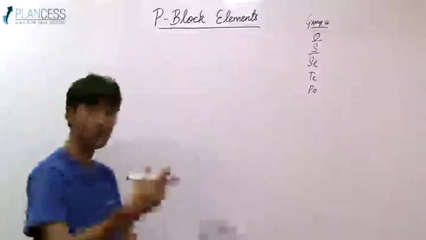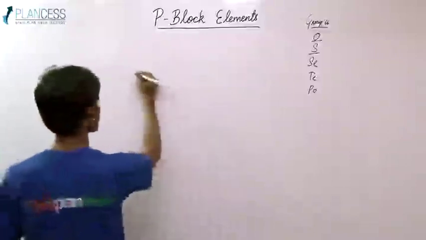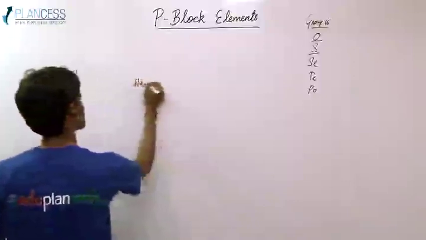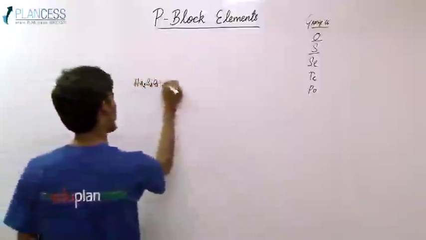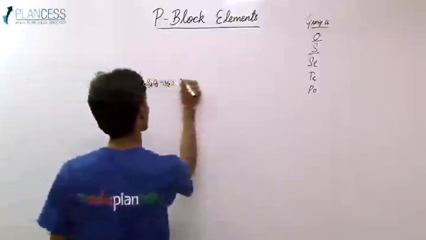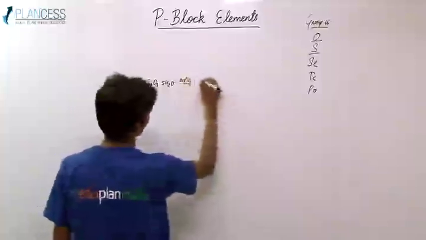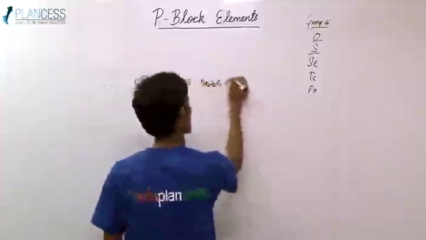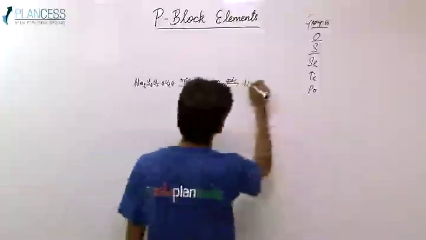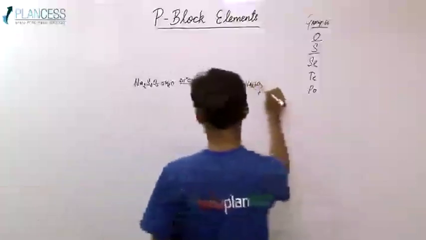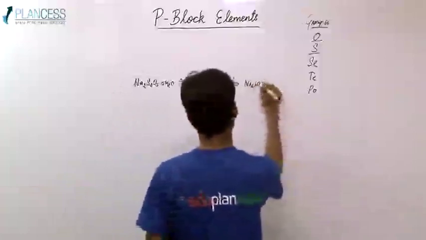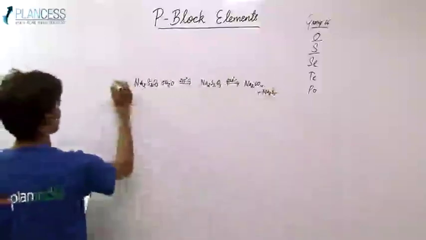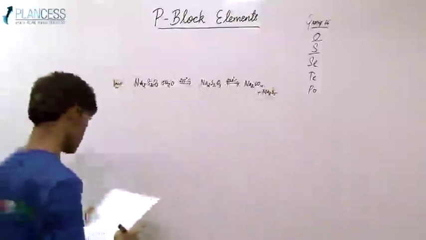When it is heated to 220 degrees centigrade, it decomposes to form Na2SO4 and Na2S5. An important reaction, because it is a very peculiar reaction of Na2S2O3.